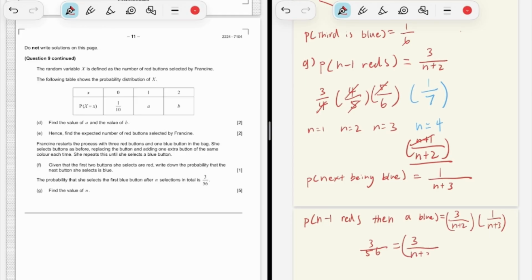These would cancel out, and so we could see that n equals 5, because 56 is equal to 7 times 8.